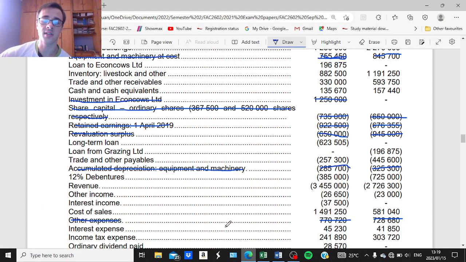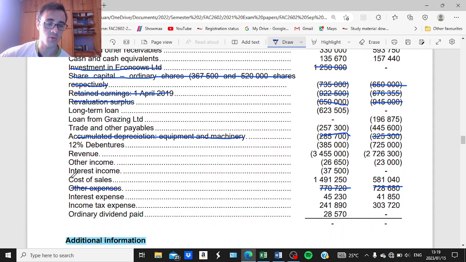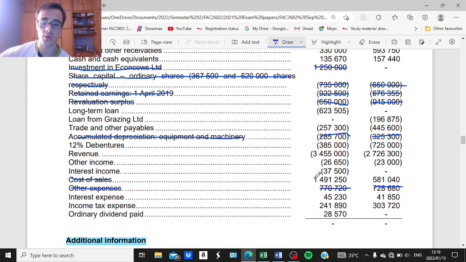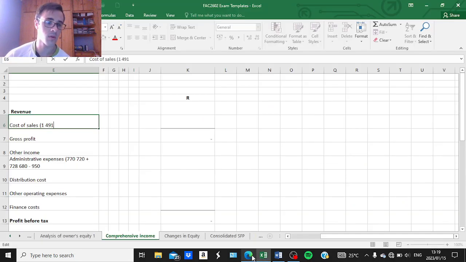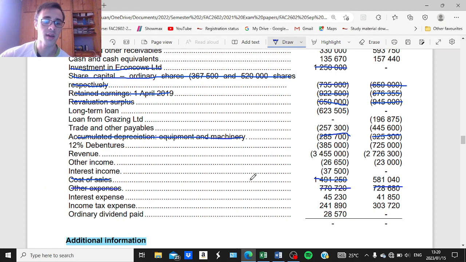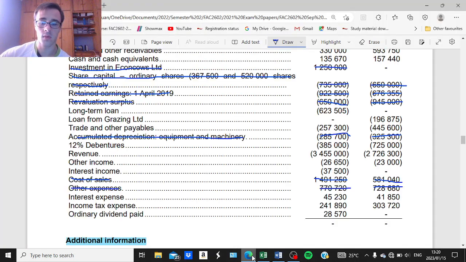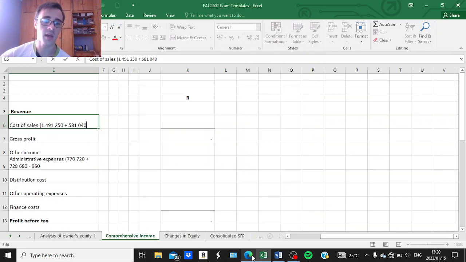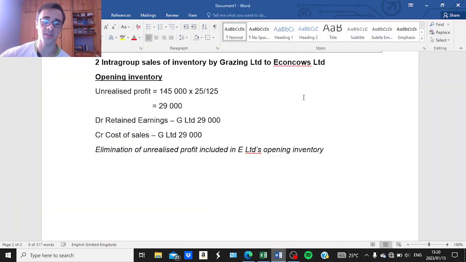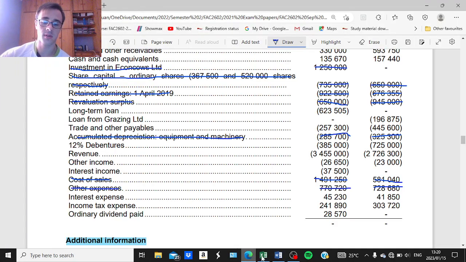First, we need to consider the amounts given in the trial balances. So 1,491,250, plus the amount for the subsidiary, which is 581,040. And because we are crediting cost of sales, we will show this as a negative adjustment.